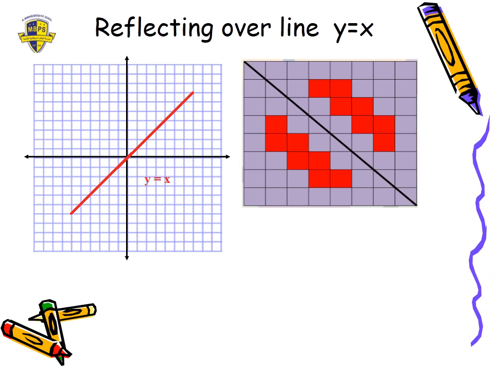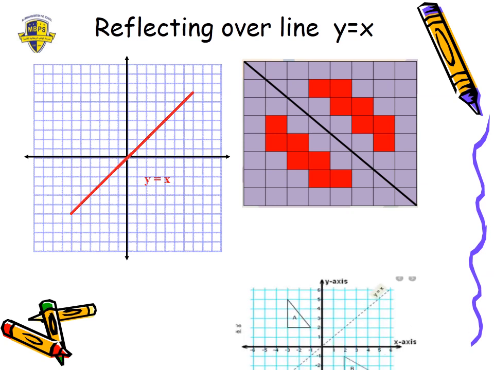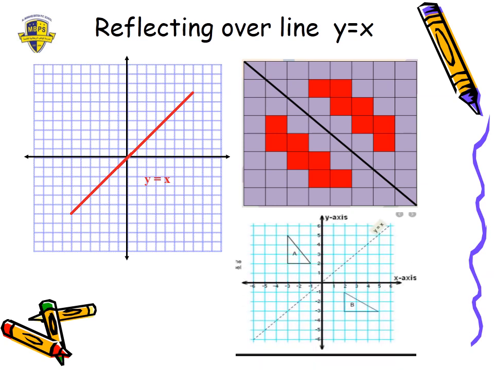Here we have the line y equals x, the mirror line, and here also we can see the line y equals x work as a mirror line. So A, we reflect it to B.